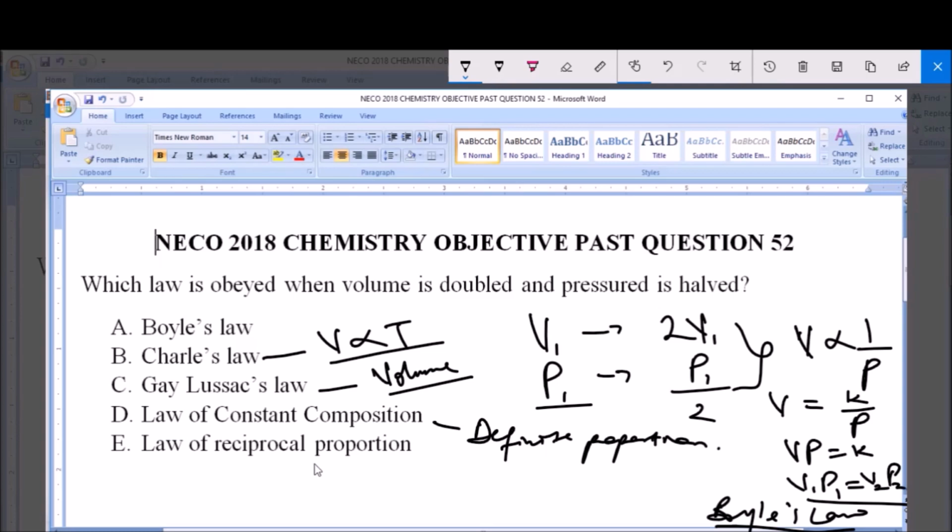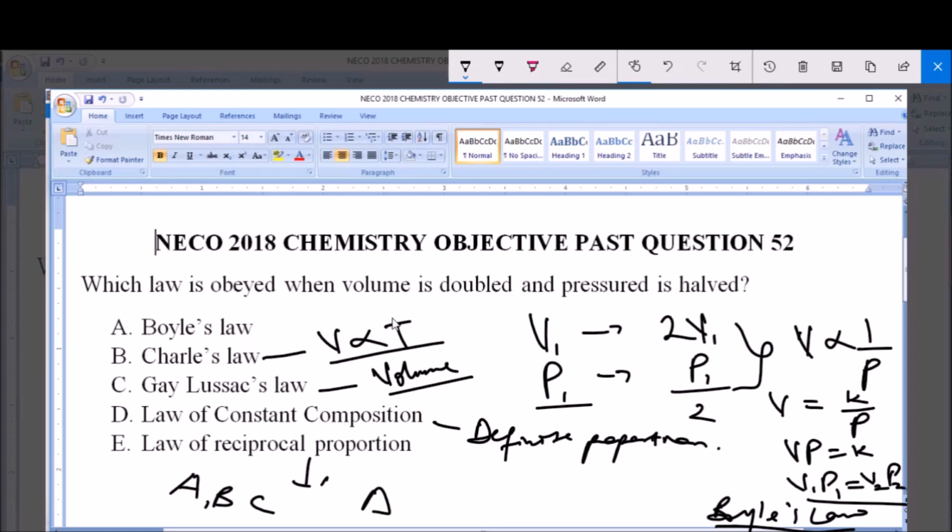Now the law of reciprocal proportion states that, let's say we have several elements A, B and C, the masses of these elements which combine separately with a fixed mass of another element D are the same as simple multiples of the masses in which A, B and C themselves combine with one another. So these are what these laws actually state.